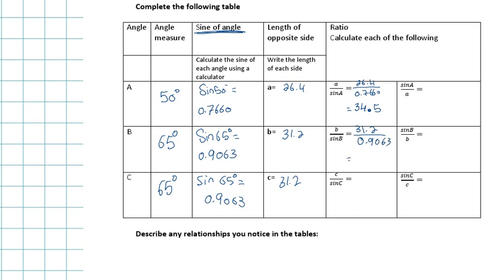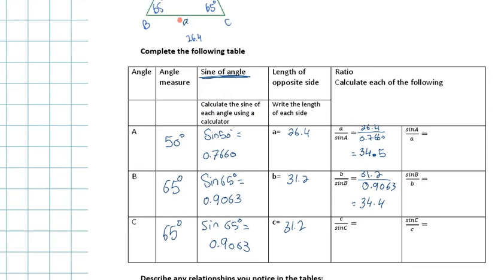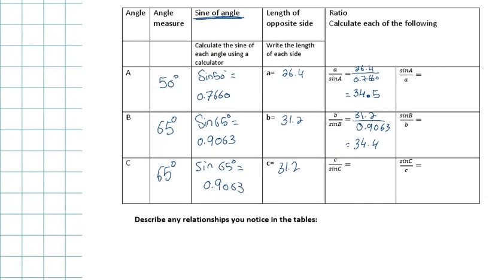Why am I getting 34.44? We're all getting different answers. This is the most correct answer, because if I do 26.4 divided by sine 50, I get 34.46.